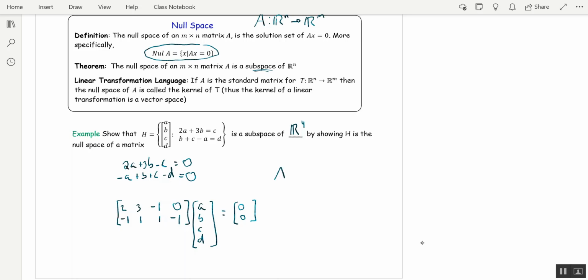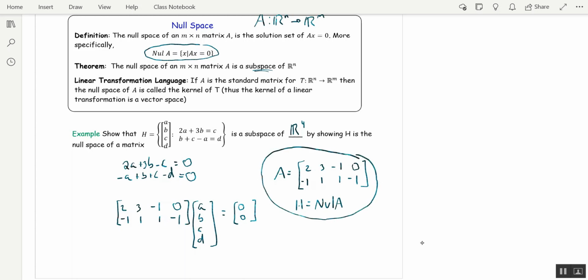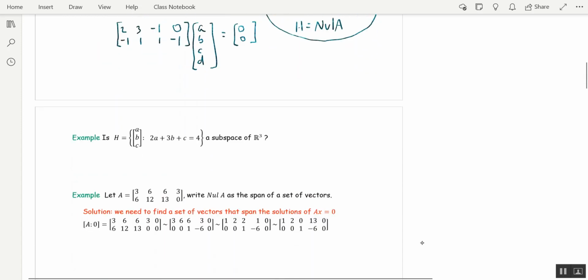And the matrix we seek, A, is the coefficient matrix, 2, 3, negative 1, 0, negative 1, 1, 1, negative 1. And H is equal to null A. Because again, let me reiterate, the null space of a matrix is a set of vectors that get crushed, they get sent to 0.